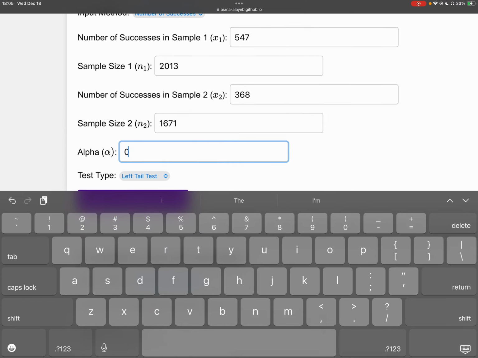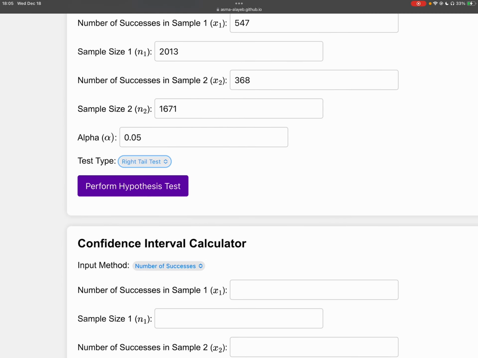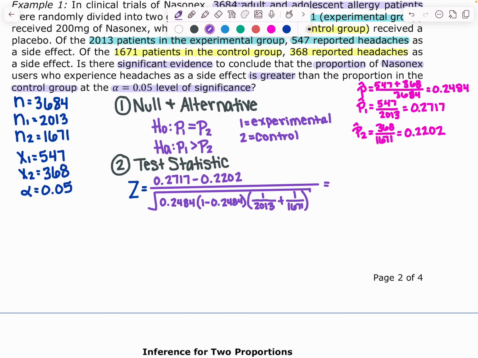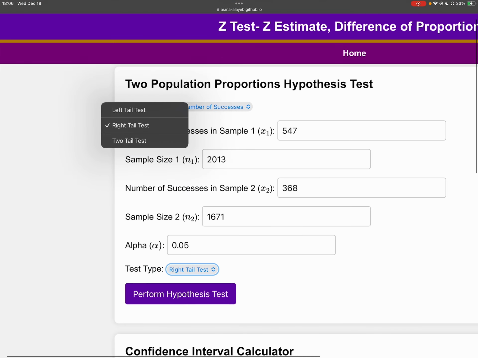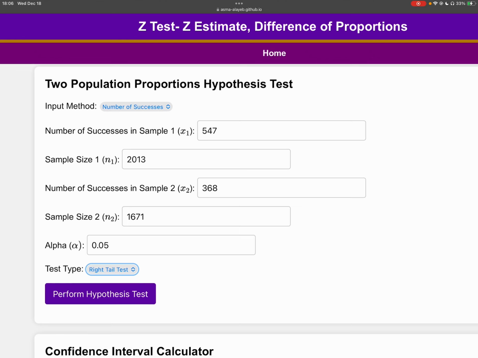Our alpha is 0.05. And then this was a right-tailed test because it was P1 greater than P2. I can go back to that real quick. So right here, greater than, this is a right-tailed test. So I've put in all of the information that I was given.